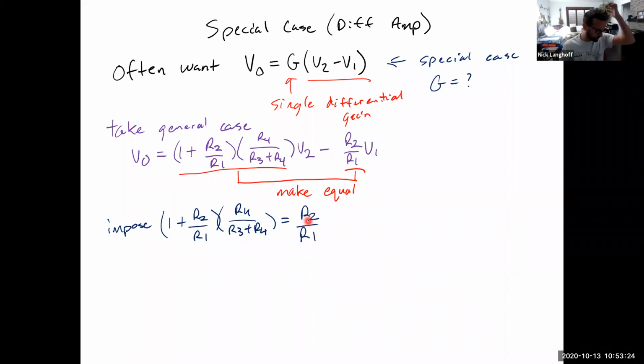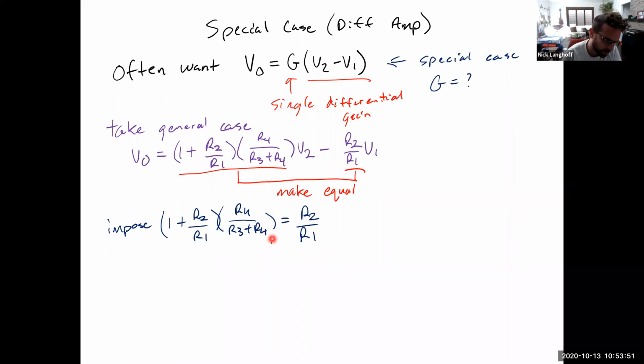Okay, we're going to do a little bit of algebra over here. I'm going to do a couple of swift moves. I'm going to take R2 over R1 and move it over to the other side by dividing it down into the denominator. And simultaneously, I'm going to take this term, R4 over R3 plus R4, and move it over here by taking the reciprocal of it.